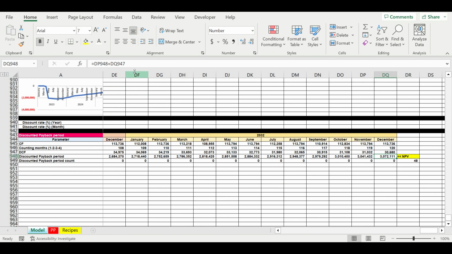So this will be the cumulative discounted cash generated by the project at the end of the timeline in December 2032. This will be the net present value of the project. So discounted payback period will be 48 months. Net present value will be 3,072,111. And now we can create a diagram for this line.